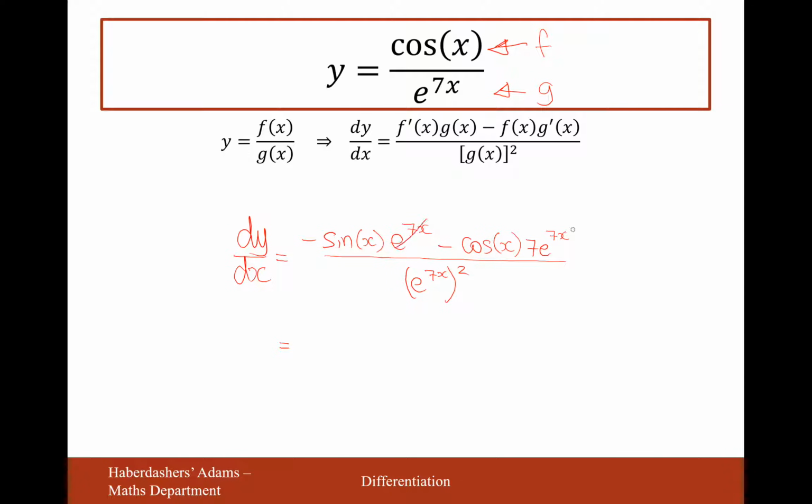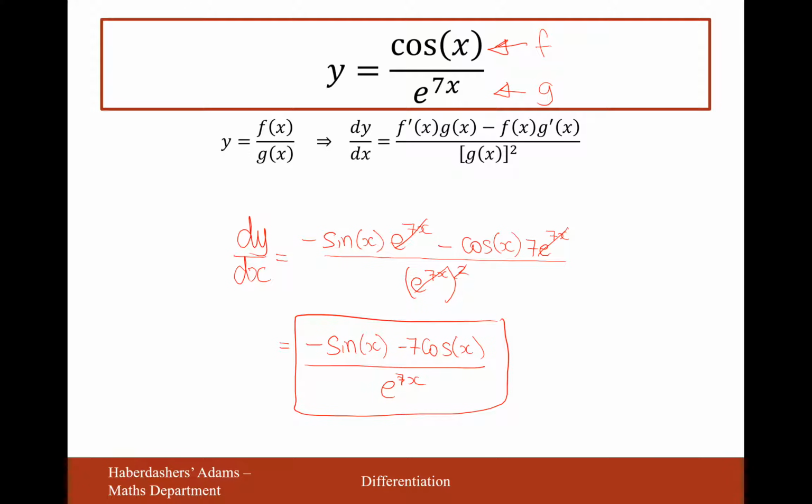So in this case we could cancel out an e to the 7x on top and bottom. Well, we'll just cancel out one of them. So it's going to be minus sine x minus cos x times 7, so I'll put the 7 at the front of that, all over e to the 7x. And there we are, that's the answer to this question.